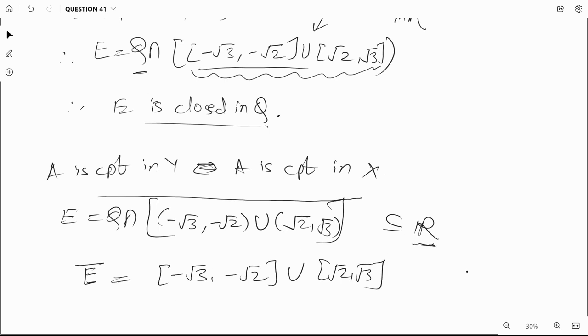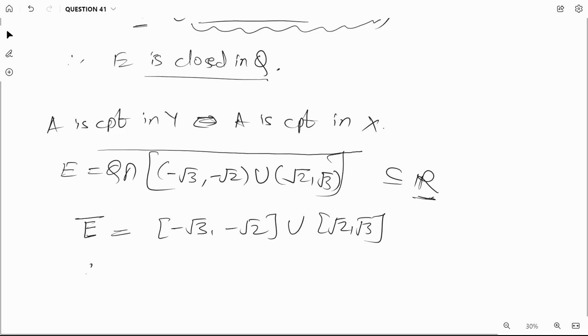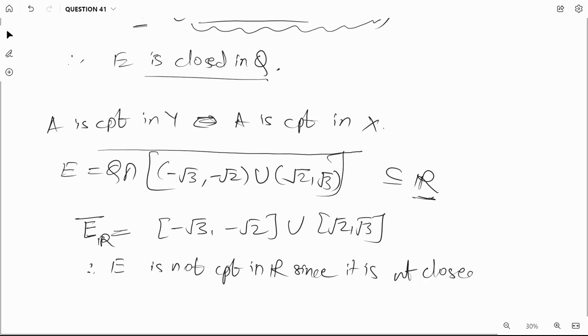Now it is not closed in R, so it is not compact, because every compact subspace of R is closed. So E is not closed in R, so it is not compact in R. Note that this is the closure in R. So E is not compact in R since it is not closed, right?